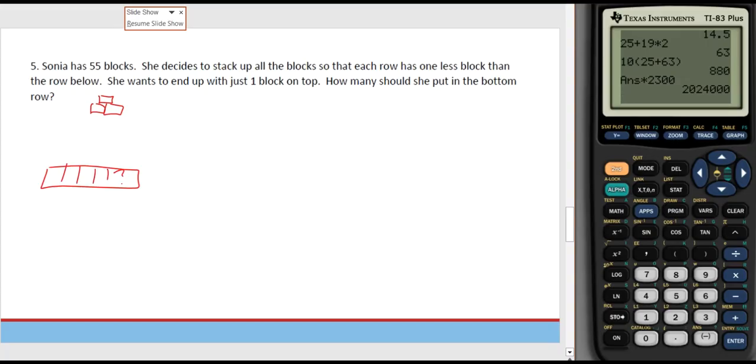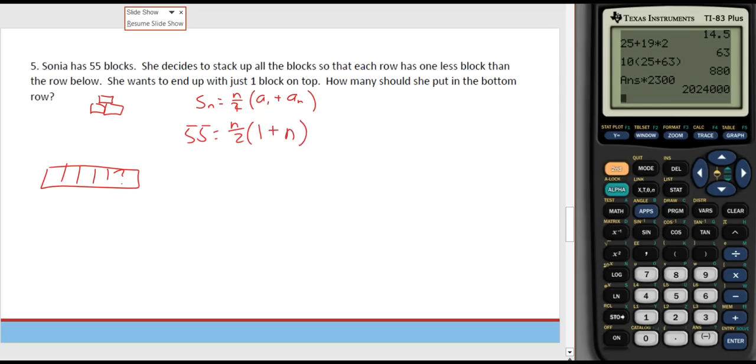So we could set this up with our sum formula for arithmetic. We could say Sn equals n over 2 times term 1 plus term n. Now, the problem is I know the sum already. I don't know the n value, and I don't know the last value.